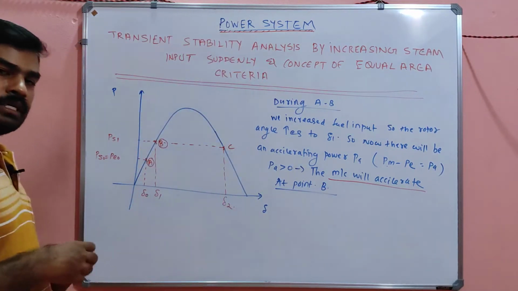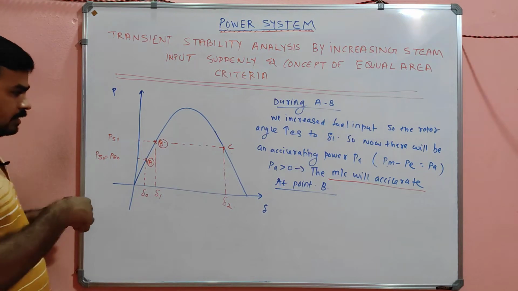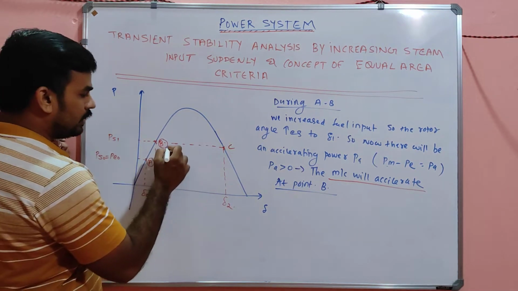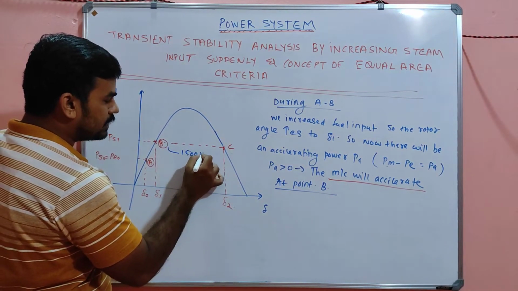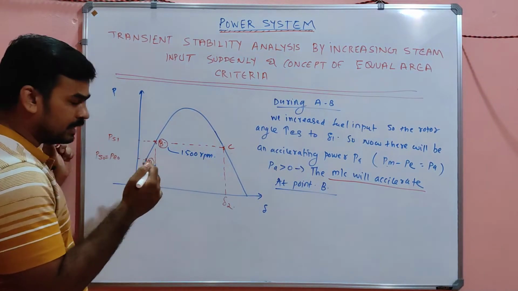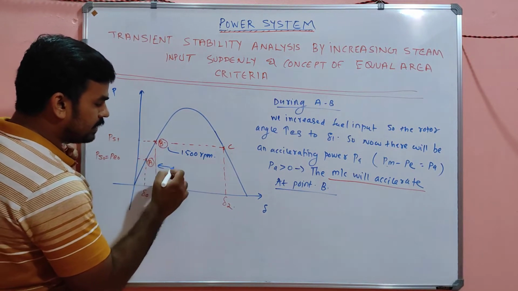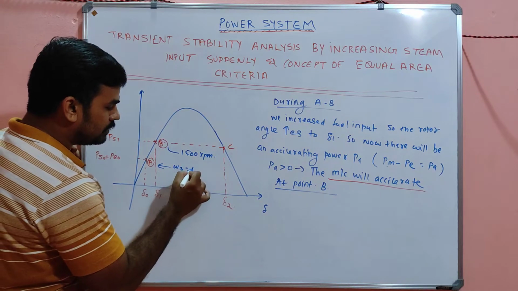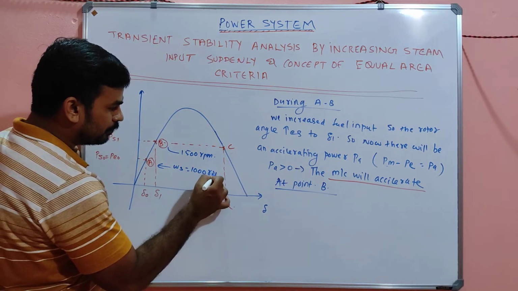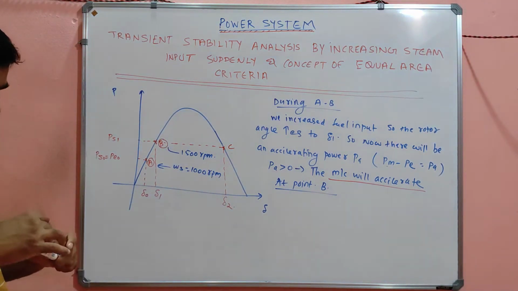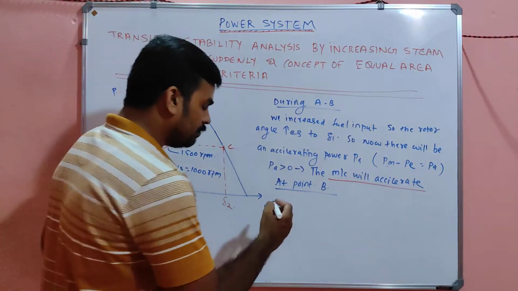Suppose it is running at, for example, 1500 rpm because we increased the speed, and its synchronous speed is 1000 rpm. Let's take an example.